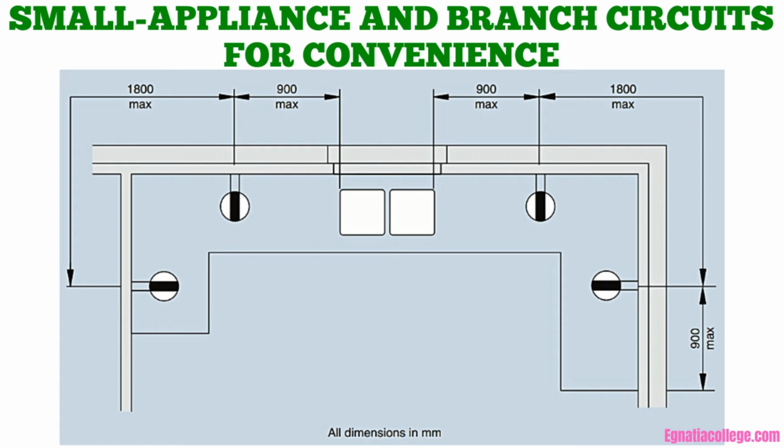Counter receptacles prevent circuit overloading when small appliances such as kettles and toasters are plugged in at the same time, Rule 26-724D. In the kitchen, split-circuit receptacles and 20-ampere T-slot receptacles prevent circuit overloading from the heavy concentration and use of electrical appliances.